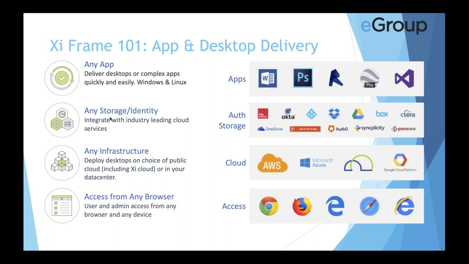Pretty neat for Xi Frame, and kind of unique in this case, is that for OneDrive, for example, and Box and Dropbox, there's no software to integrate into our master image. Frame actually has customized integration with Microsoft, Box, and Dropbox for native integration directly to the Frame desktop for these file services. So if you're a OneDrive for Business user, you can authenticate against OneDrive for Business without ever installing the OneDrive application in the desktop.